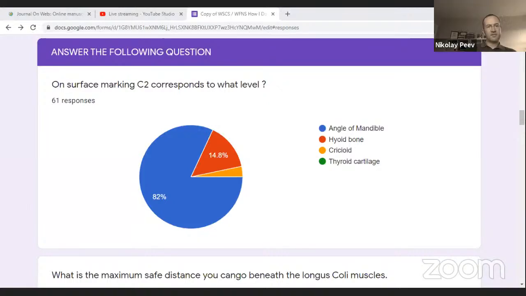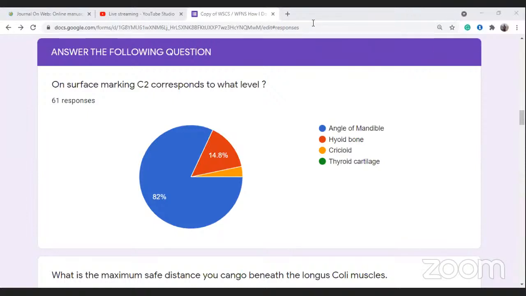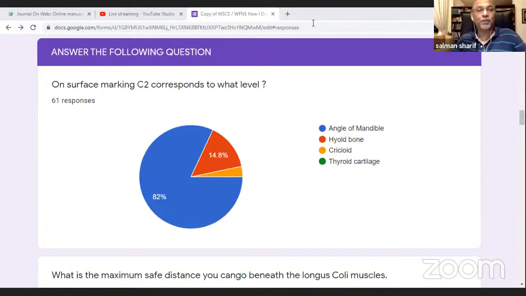On surface marking, C2 corresponds with what level? 82% of the participants answered angle of the mandible. Yousuf, do you agree? Please unmute yourself. So he went to the hospital. Okay, no problem. So this is true. That's okay. A majority of them got it right. Next.